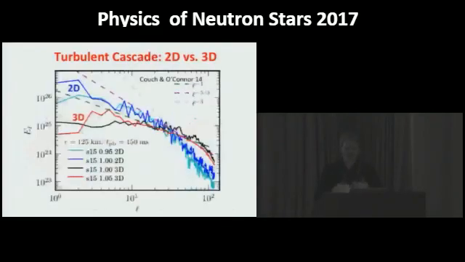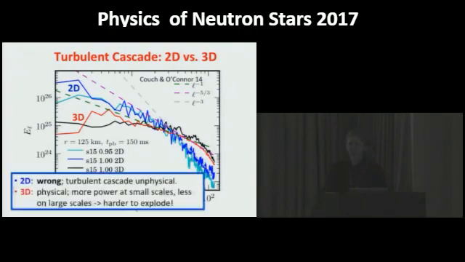So we now understand why 2D simulations explode more easily than 3D simulations, because in 2D, the kinetic energy goes to large scales, and you end up with large-scale structures that make it easier to explode than in 3D. The problem is nature tends to be 3D, so we need to do these supernova simulations in 3D to get reliable answers.